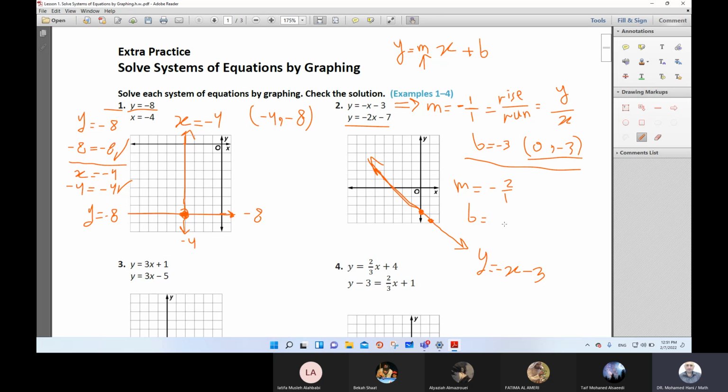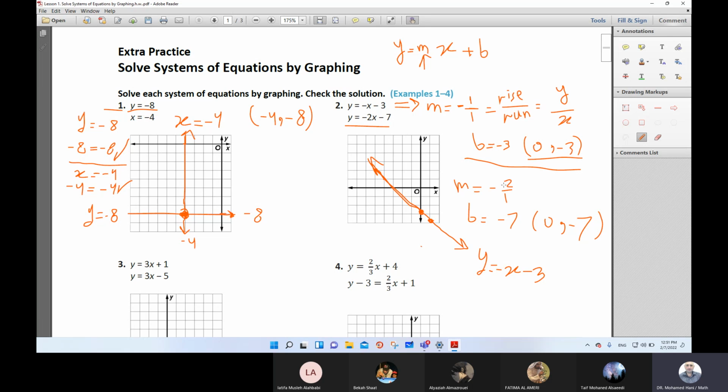Excellent, -7. And when you have -7 it means you have the point (0, -7). So start from this point, represent this point in the graph, (0, -7). And here -1, -2, -3, -4, -5, -6, -7 will be here.